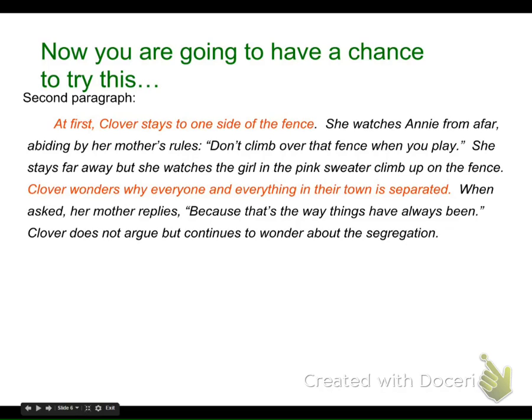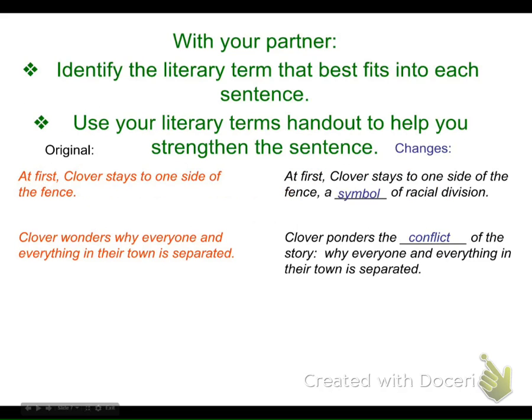So now look at this paragraph and read it to yourselves, and then look at the red bolded statements and see how you can add some literary terminology in there by using your literary terminology handout. One of the best things to do is, for the first one, at first Clover stays to one side of the fence.